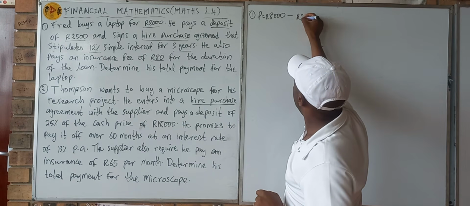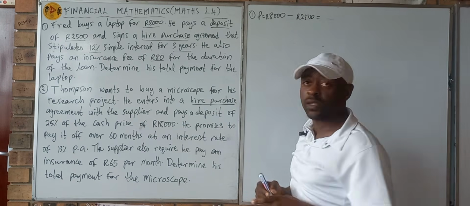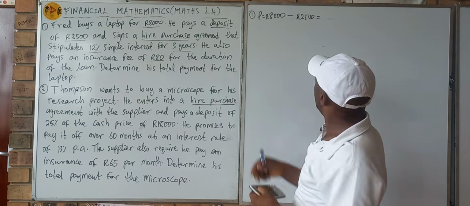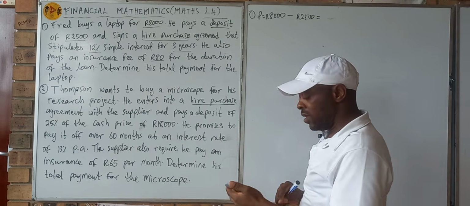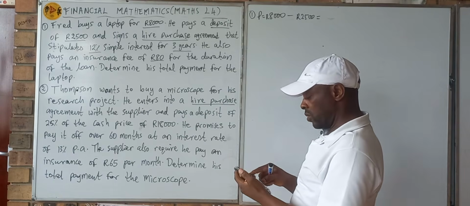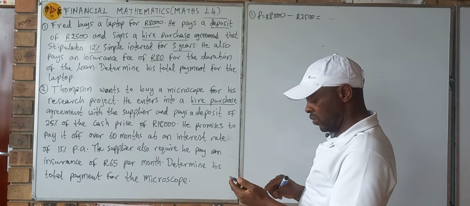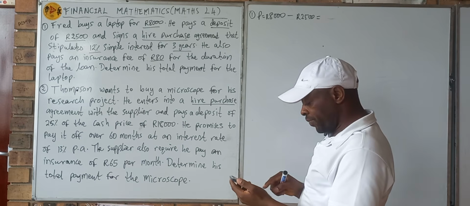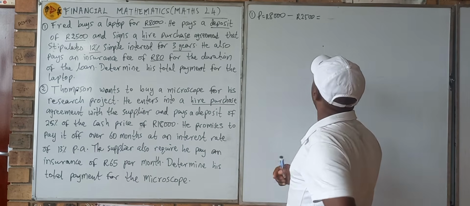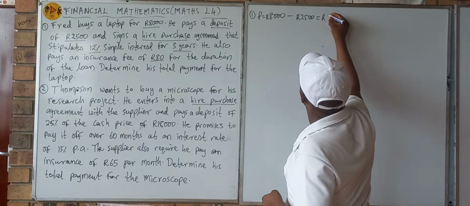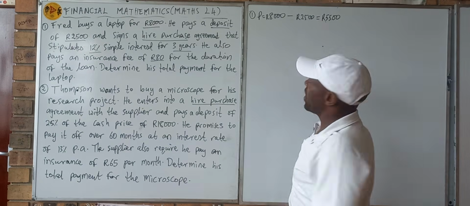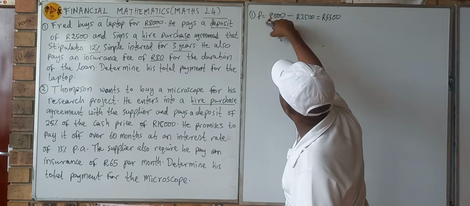If you do that, you'll see the loan that the company actually gave you. So that should be easy. 8,000 minus 2,500 takes us to 5,500. So we've got an amount of 5,500 as loan.